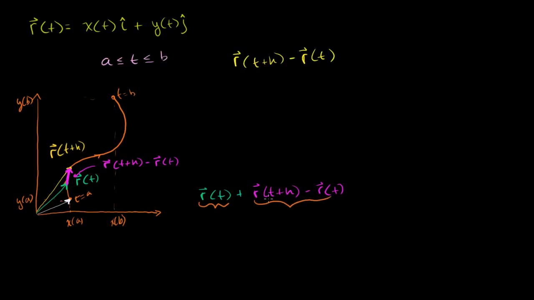You put the tail of the second vector at the head of the first. So this is the first vector, and then I put the tail of the second there. And then the sum of those two, as we predicted, should be equal to this last one. It should be equal to r of t plus h. And we see that is the case, and even algebraically, you would see that obviously this guy and that guy are going to cancel out. So hopefully that satisfies you.